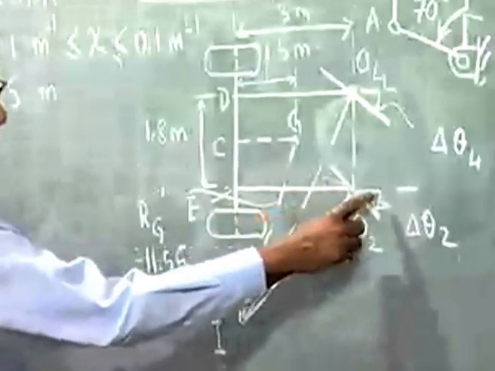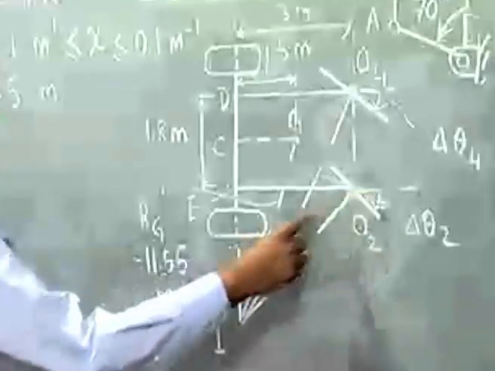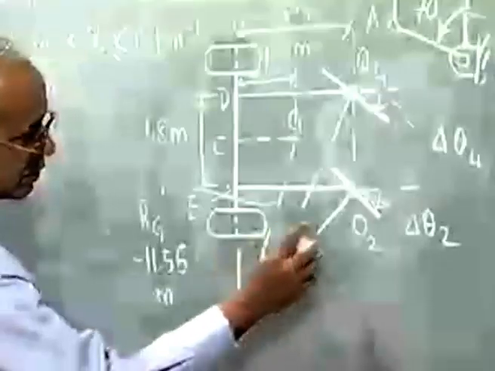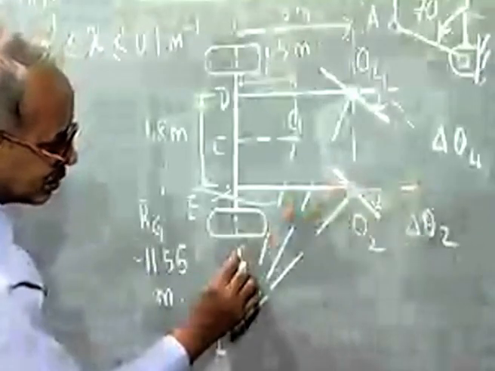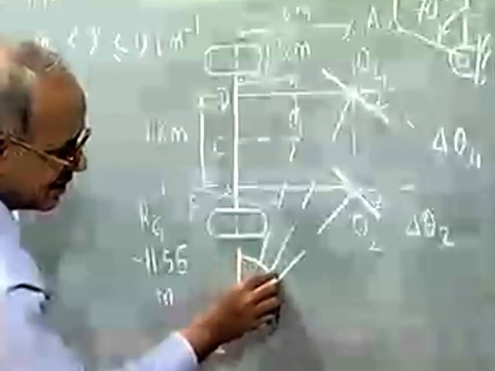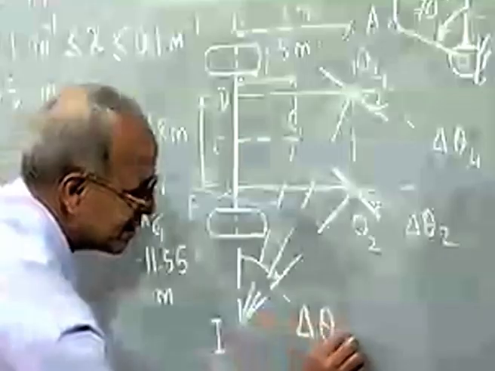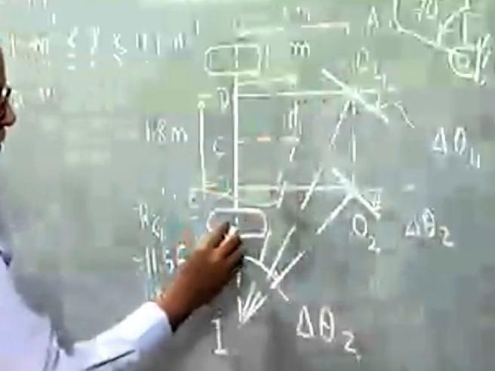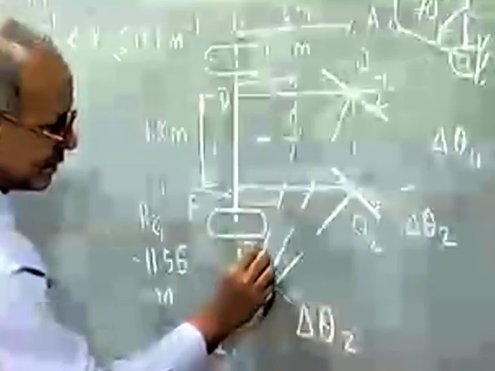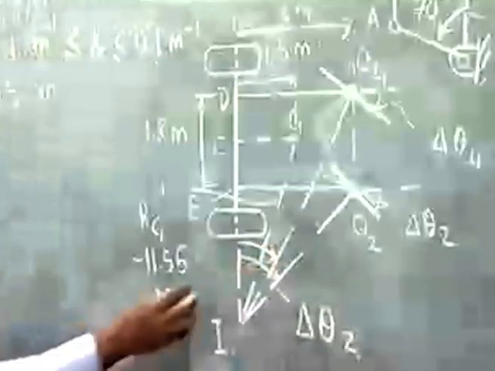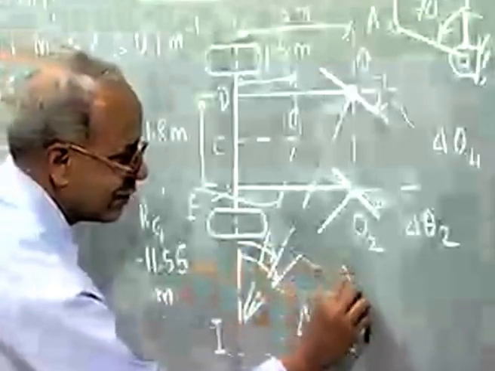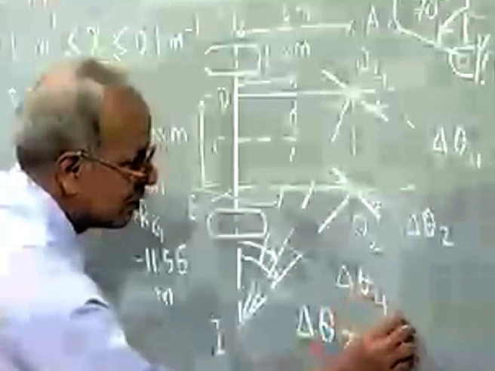If the wheel rotates by delta theta 2, previously it was vertical, this line was horizontal, so the rotation is the same as delta theta 2, and the rotation of that wheel is this much, which is delta theta 4.